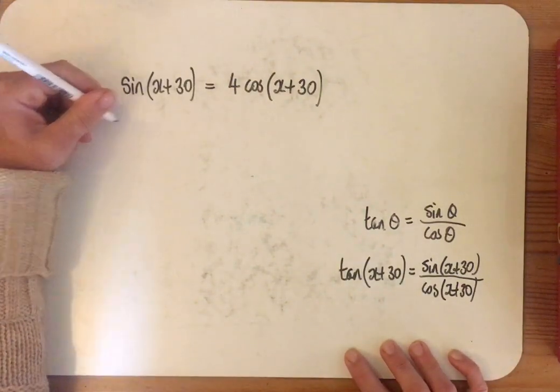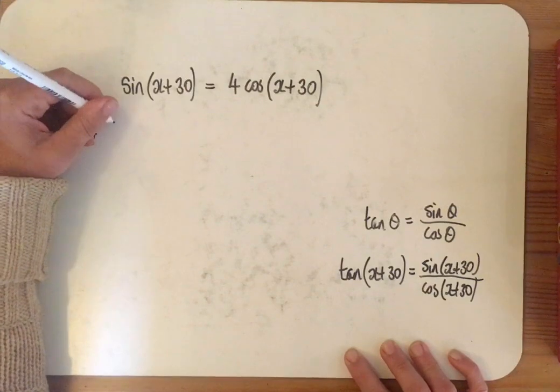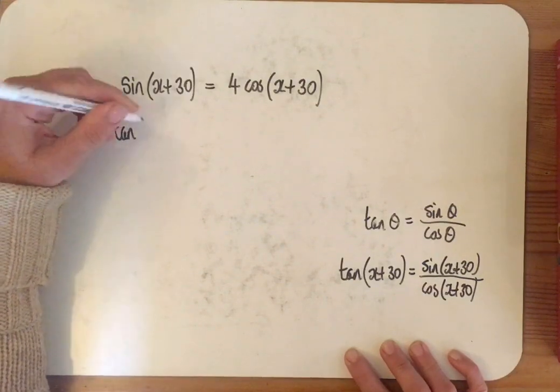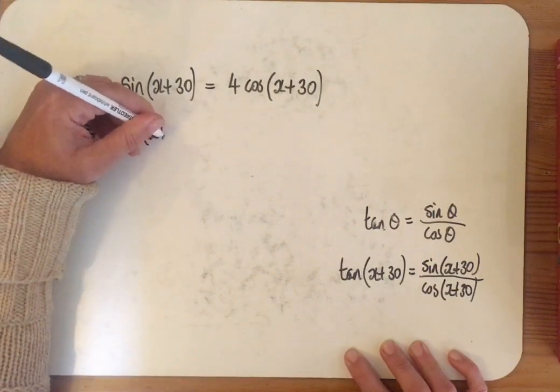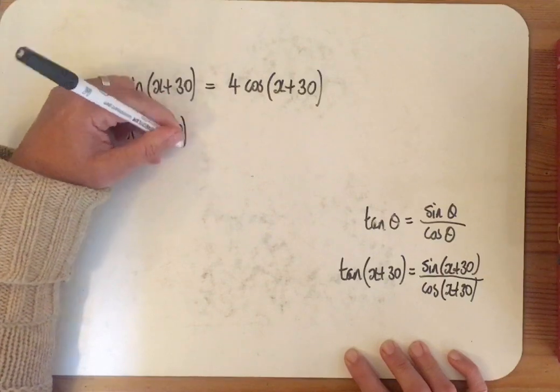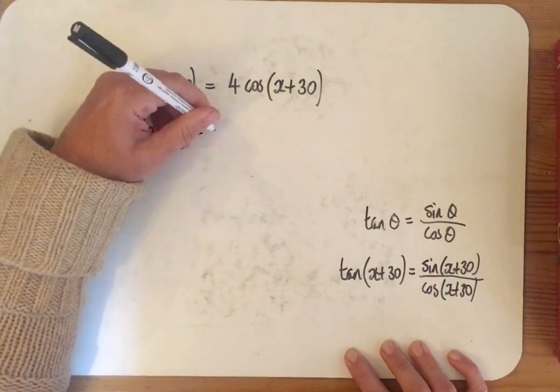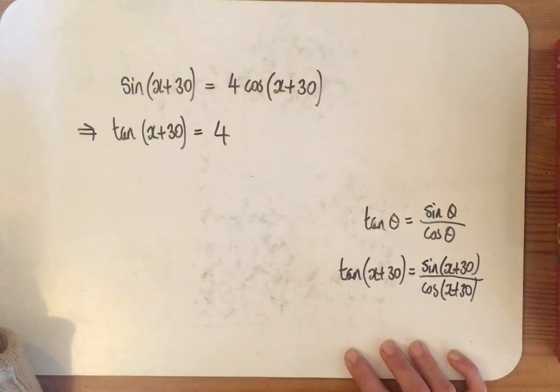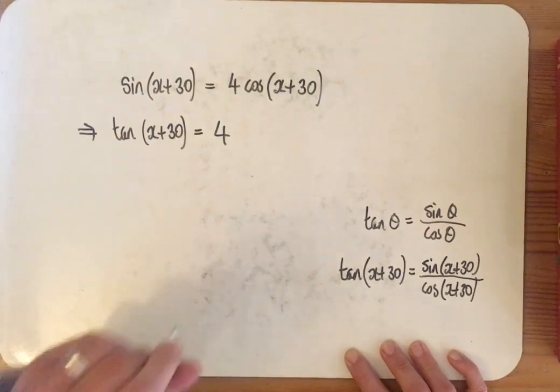So tan of x plus 30 is equal to 4, and then you can do shift tan of 4.